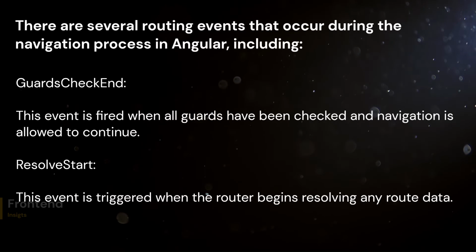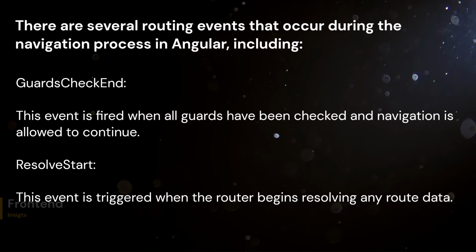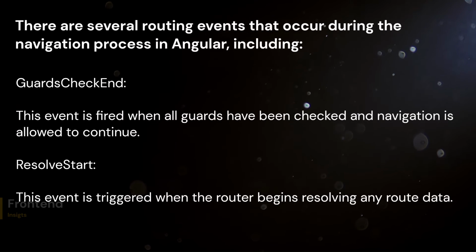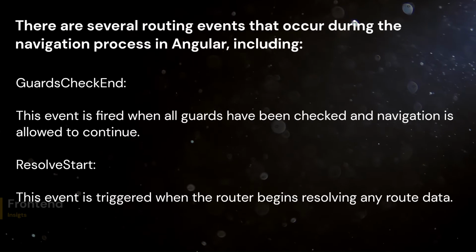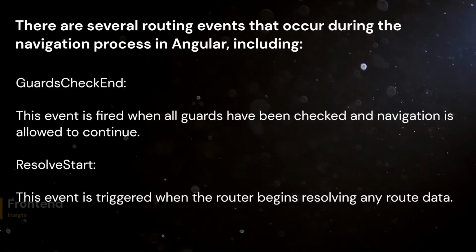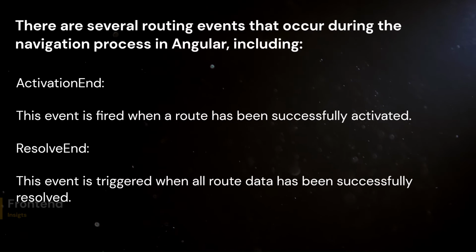GuardsCheckEnd. This event is fired when all guards have been checked and navigation is allowed to continue. ResolveStart. This event is triggered when the router begins resolving any route data. ActivationEnd. This event is fired when a route has been successfully activated.